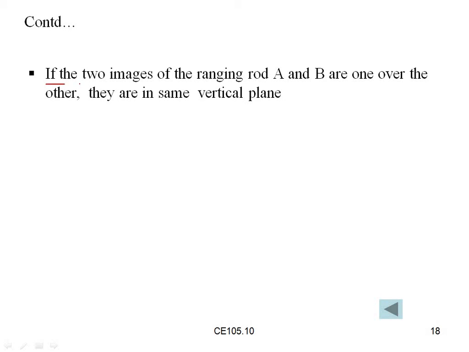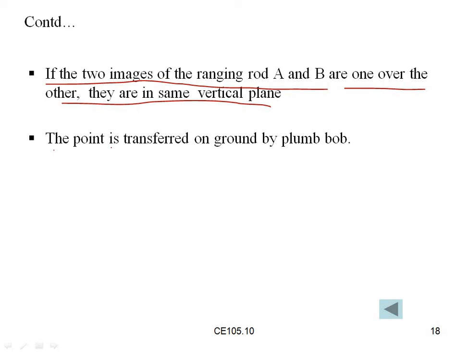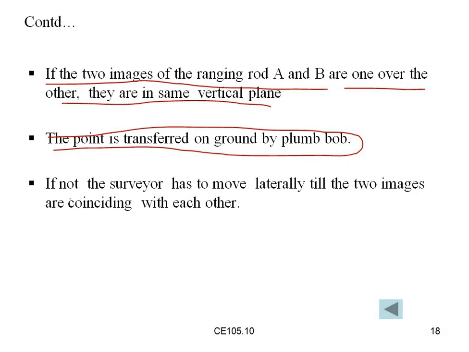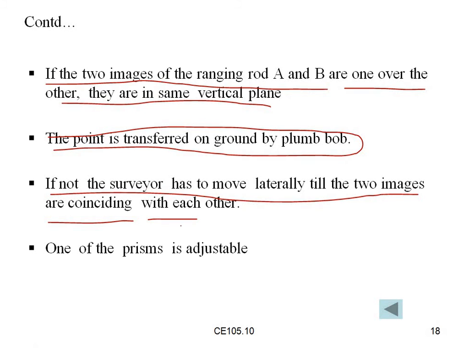When the two images of the ranging rods A and B are one over the other, they are in the same vertical plane. So the point is transferred on the ground by plumb bob. If not, the surveyor has to move laterally till the two images coincide with each other. One of the prisms is adjustable.